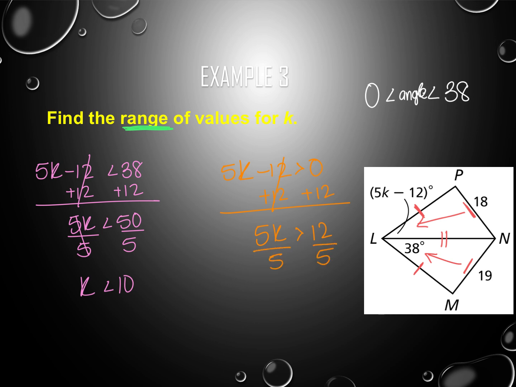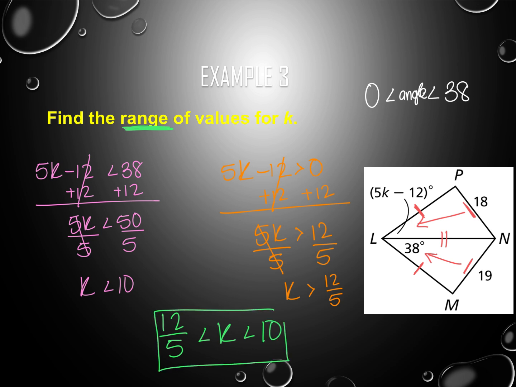And I'm going to keep it as a fraction. K can be greater than 12 over 5. So my answer would be k is going to be greater than 12 over 5. But k has to be less than 10, and this is what my answer would be. That is my range. Any questions?